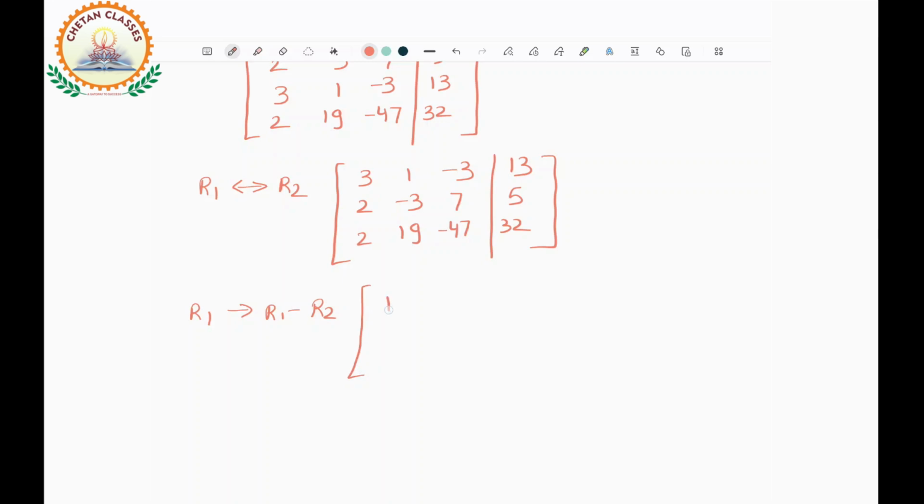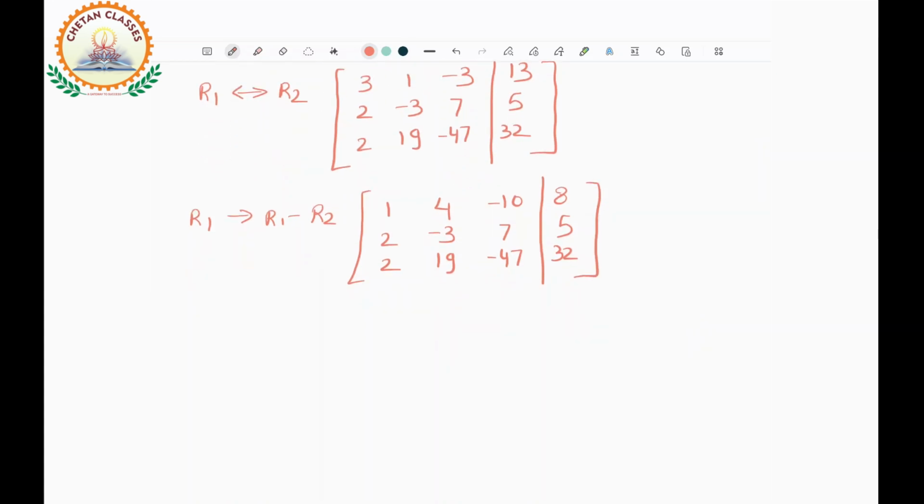So we get 3 - 2 is 1, 4, -10, 8, with the second and third rows as they are.